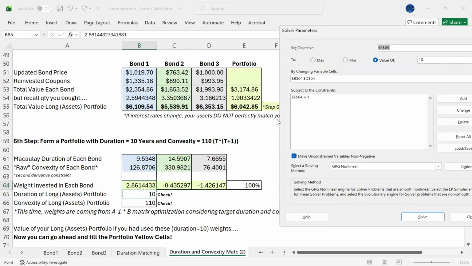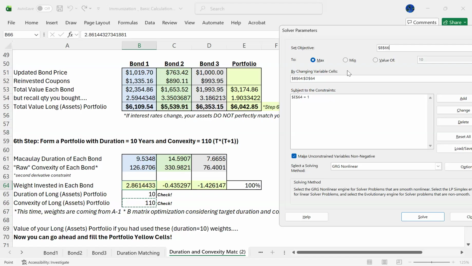So I will say that I want to maximize, and my objective function is going to change to convexity. Now I'm using Solver, which is a different type of optimization because we're using an optimizer, using iterations.